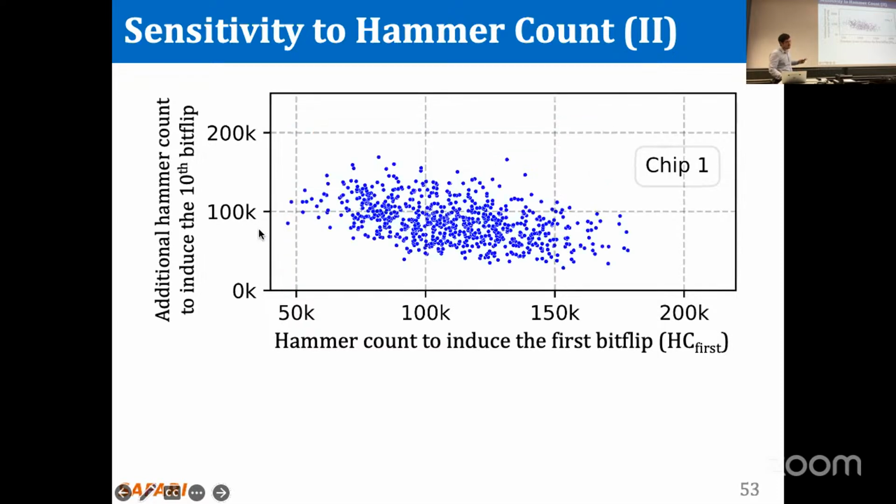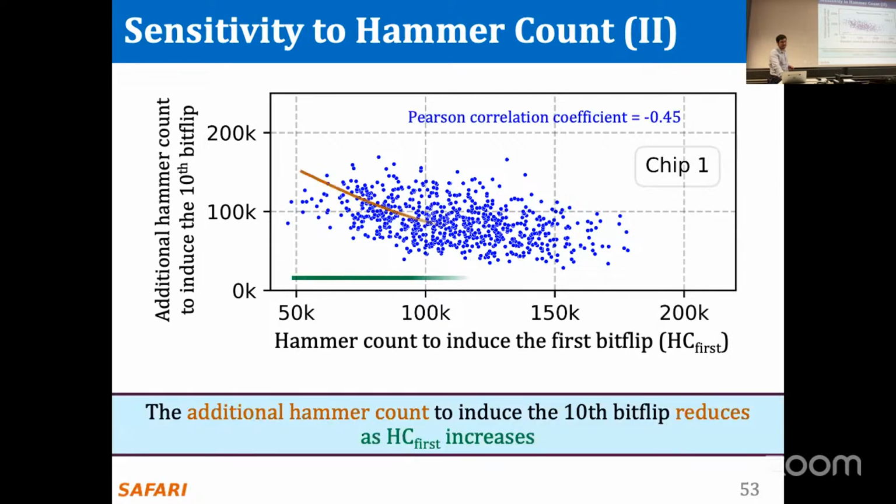Now, this is the complete plot. We look at how the x and y axes correlate, and we find that increasing HC first is, I will use the word somehow, unfortunately, because I'm not allowed to use significant or anything else, somehow correlated with decreasing additional hammer count to induce the 10th bit flip.